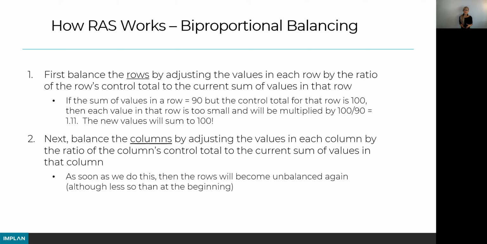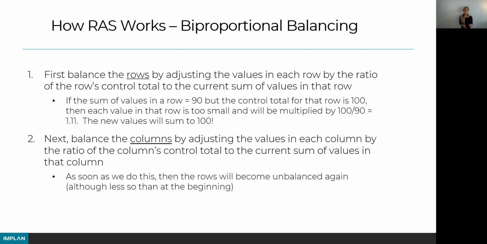But once we do this, the columns are out of balance. So now we need to balance the columns by doing the same thing, but to the columns. We adjust all the values in each column by the ratio of the column's control total to the current sum of values in that column. So it's doing the same thing, but we're going vertically instead of horizontally.